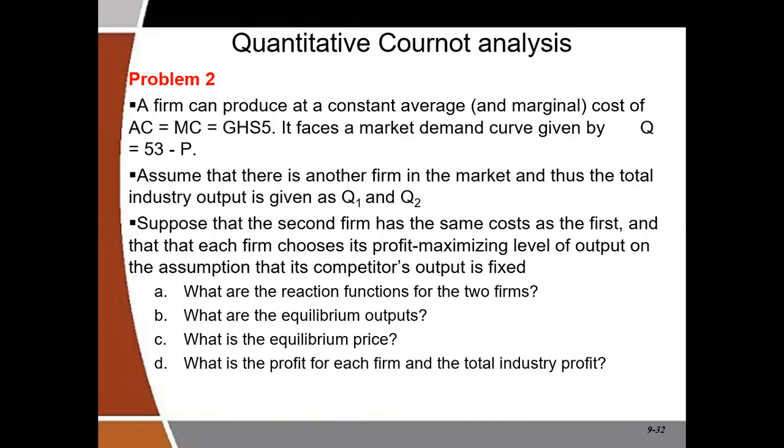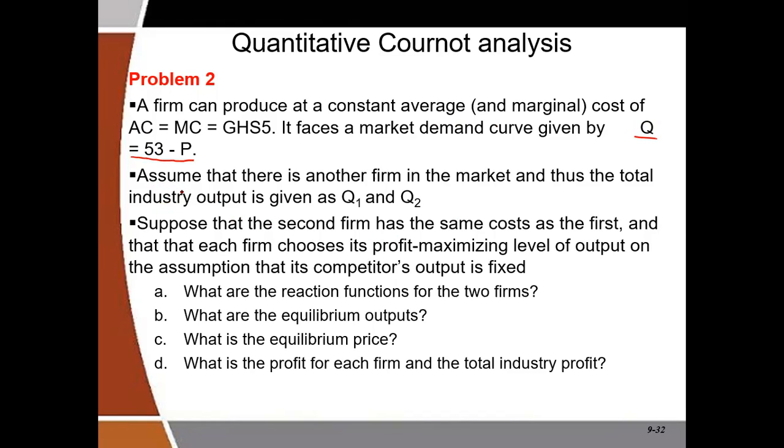It faces a market demand curve given by Q is equal to 53 minus P. Now remember that when it comes to Cournot analysis, the main control variable of the firm is the quantity. So here, what we'll do is that this particular demand function has to be turned into an inverse demand function where the quantity will now become the independent or the control variable.